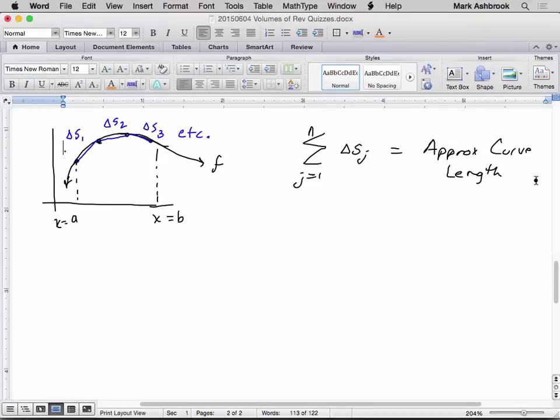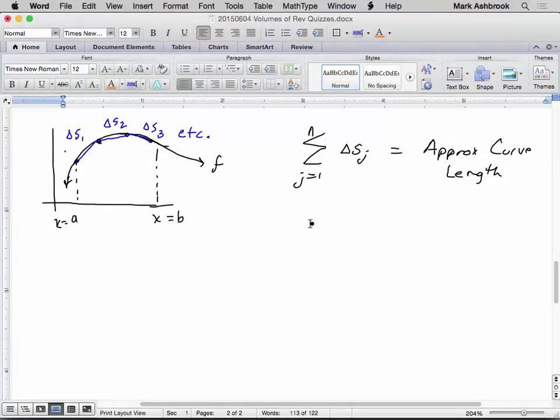Will the approximation be too short or too long? Too short, because we're cutting the corners. We're going in a straight line from point to point, but the curve is a little bit longer than those straight lines. So when you add all those segments up, it'll be too small. But if we take more and more of these segments, with the points closer and closer together, we'll get to a point where the sum of those segments is indistinguishable from the length of the curve. It'll be so close that it'll be the same.